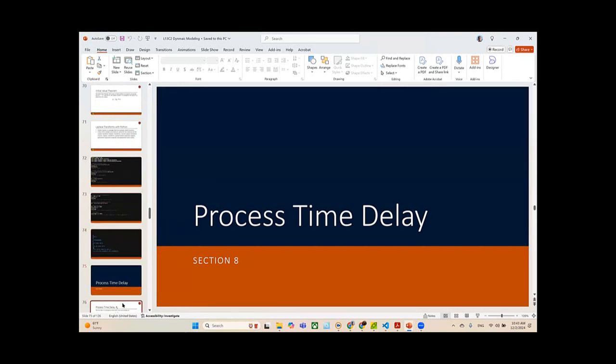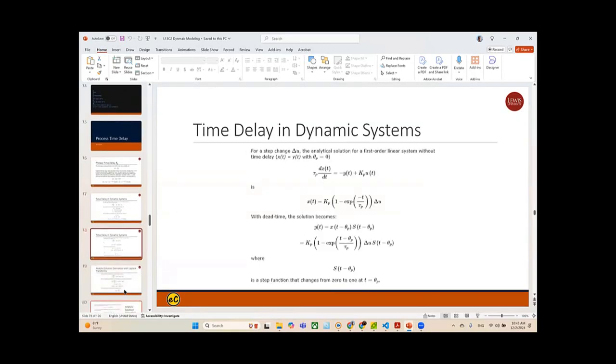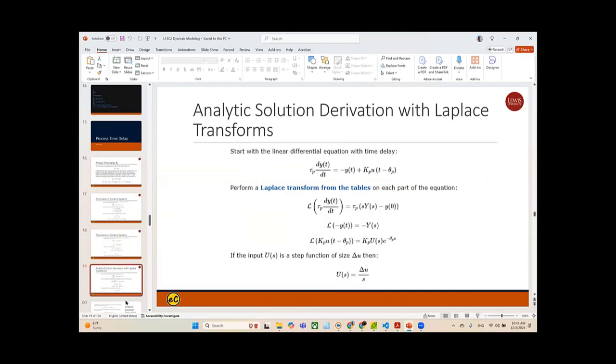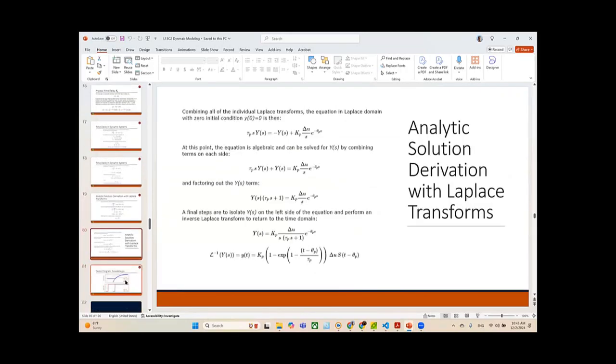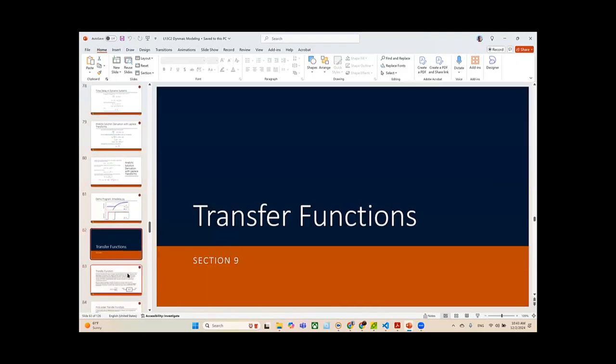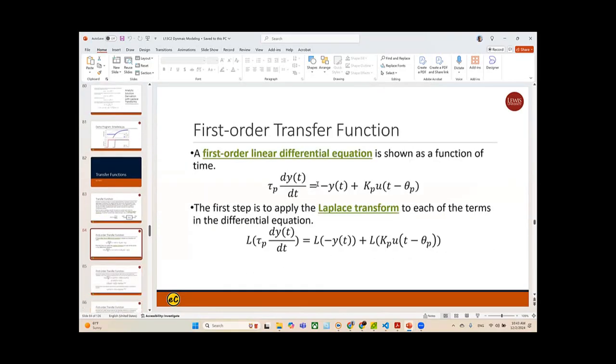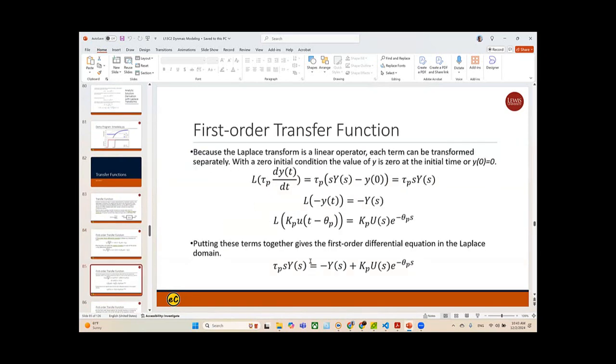And then process time delay. Okay, and from the Laplace transform you can set up the so-called transfer function. A transfer function basically tells people what the system is, and it is usually represented in the Laplace transform S domain.